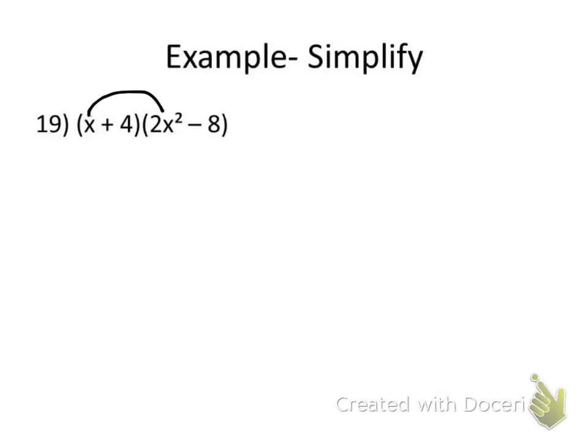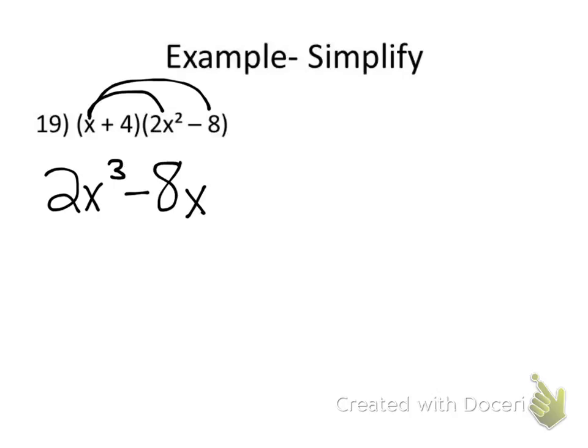What is x times 2x squared? 2x to the third power. Good. What is x times negative 8? Negative 8x. Good. Now we're going to multiply through by the 4. What's 4 times 2x squared? 8x squared. Good. What's 4 times negative 8?